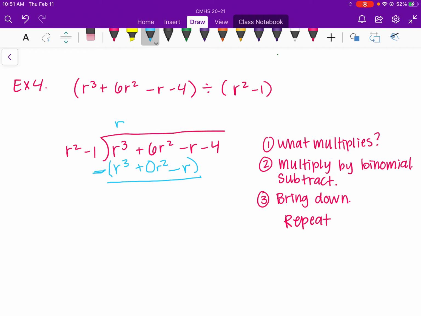The r cubes are gone. 6r squared minus 0 is just 6r squared. And then for the r's, we have negative r minus negative r, which equals 0r. Then we can bring down the negative 4.